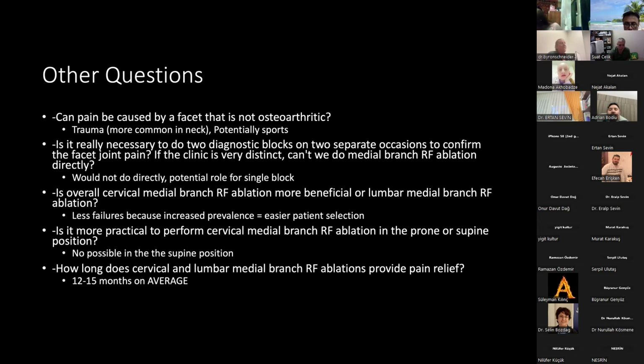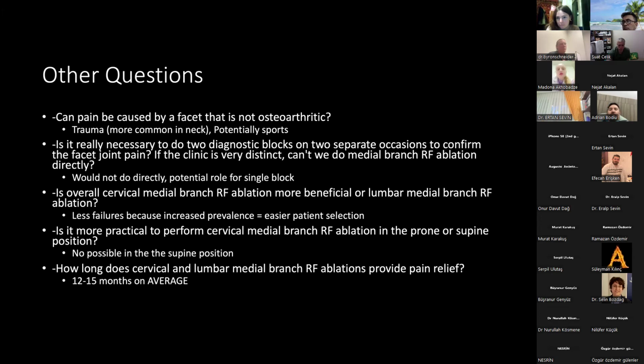But if I did 15 ablations in my example and only 4 people got better, having success rates of under 30% is probably poor enough that, at least in our country, the procedure just wouldn't be covered anymore. So the downside to being overly liberal with treatment is that the outcomes will look worse, and that might actually lead to the procedure going away.